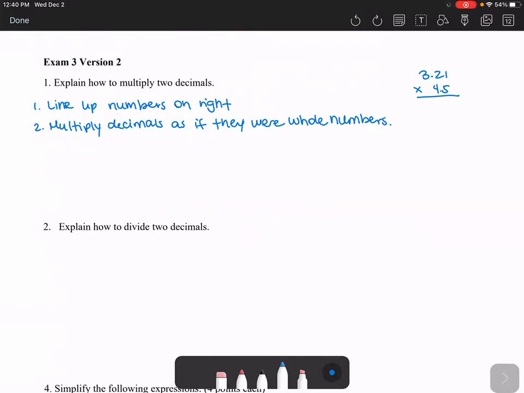So using our example here, 5 times 1 is 5, 2 times 5 is 10, write the 0, carry the 1, 3 times 5 is 15, plus 1 is 16, cross out the 5, write a 0, 4 times 1 is 4, 2 times 4 is 8, 3 times 4 is 12. So we're multiplying them as if they were whole numbers, and then we're adding up the things.